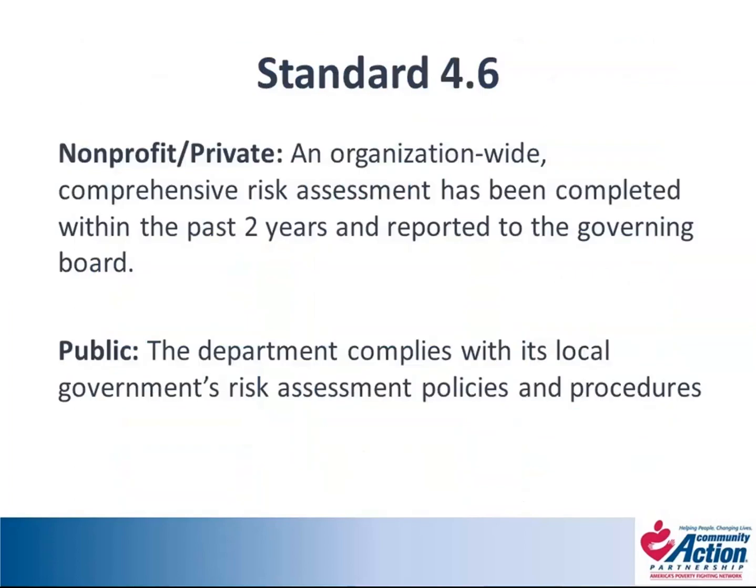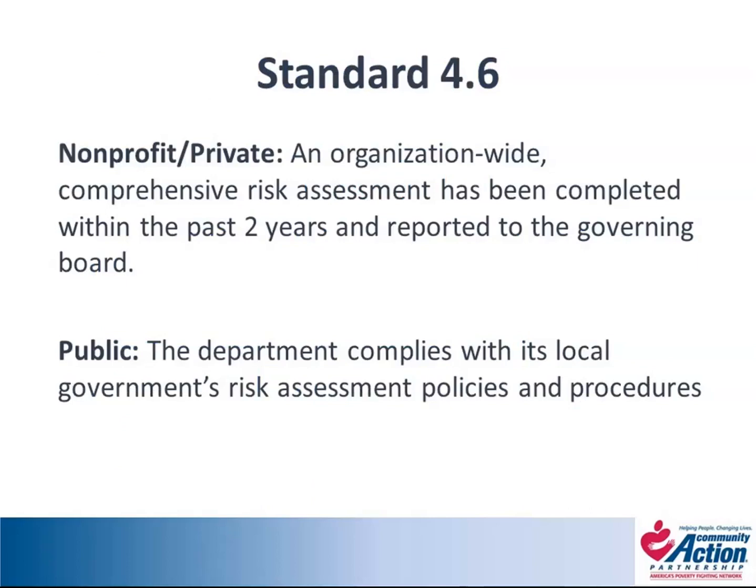We're really doing a deep dive into one standard and one process today. Of course, it connects to other things as well. But standard 4.6 is about having an organization-wide comprehensive risk assessment that's been completed within the past 2 years and reported to the governing board.